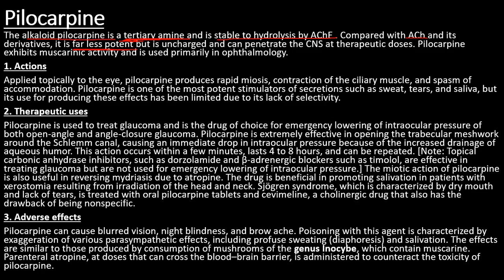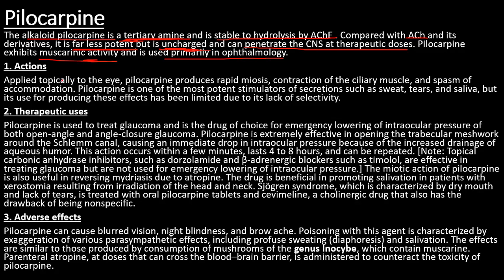It is less potent, but it is uncharged, and this allows it to penetrate the CNS at therapeutic doses, so it can traverse the blood-brain barrier, unlike the others. So it exhibits mainly muscarinic activity, like bethanechol and methacholine, okay? And it is primarily used in ophthalmology.